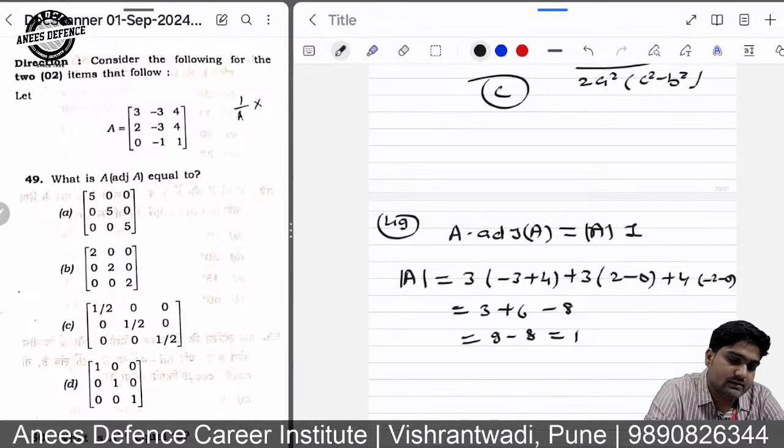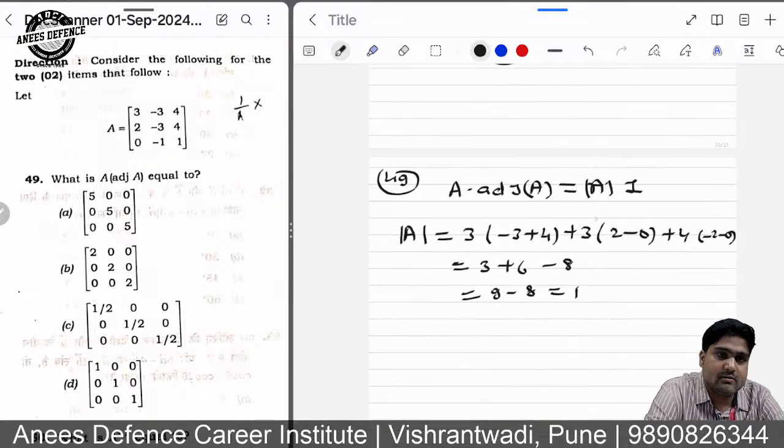So A into adjoint A equals determinant of A times I. That means determinant of A is 1, and it's the identity matrix. So option D is correct for question number 49.